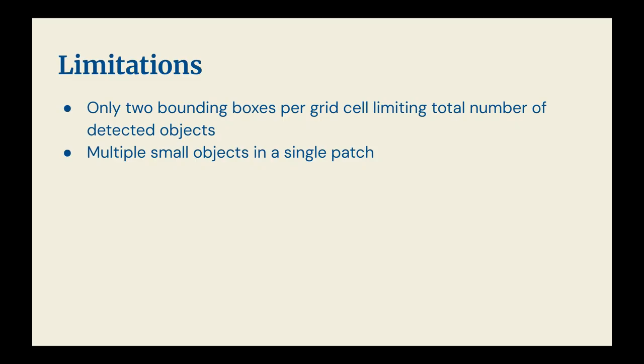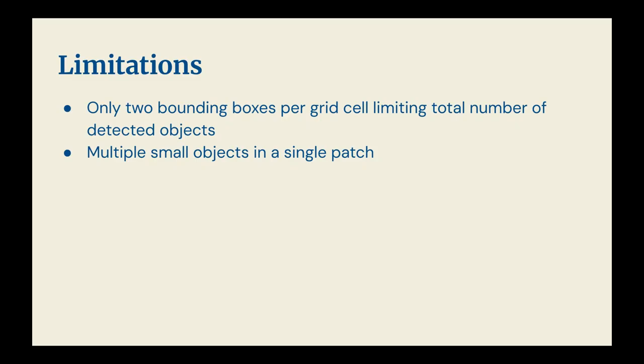Additionally, since it only predicts one object per patch, that means it will fail in cases where multiple objects are tightly clustered in one section of the image. And so if a bunch of, say, small objects all fall in one patch in the grid, whether they're multiple instances of the same type of object or a bunch of different objects, the model can only make one prediction.